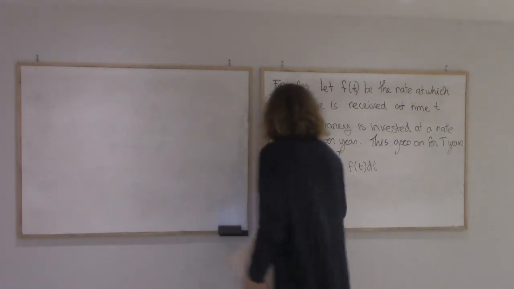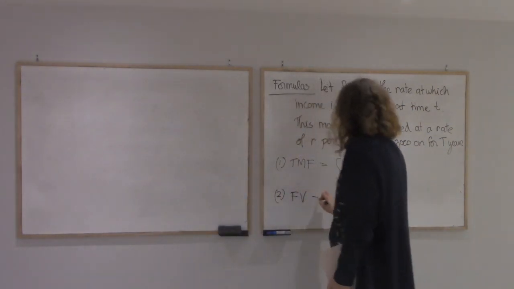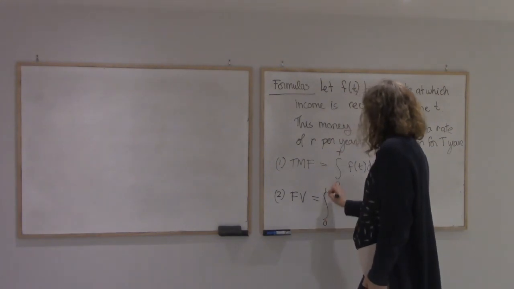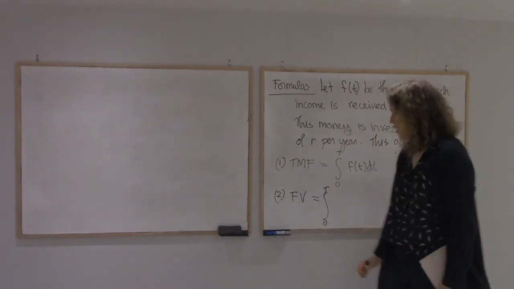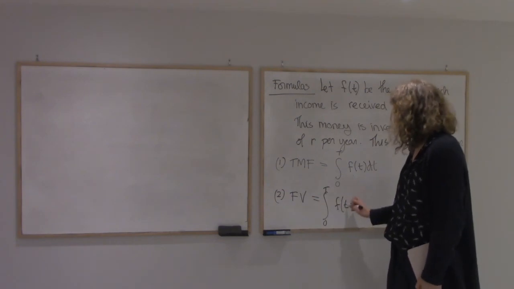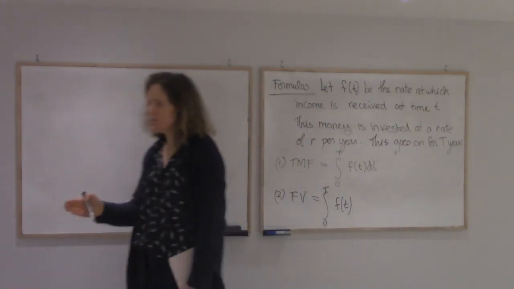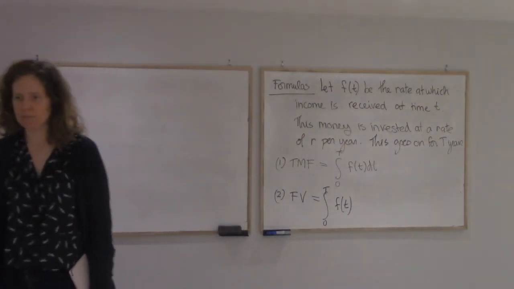All right, second. Now if I'm looking at the future value, I want to take an integral again, and I want to integrate f of t again. So that's the money I've received. But f of t is money at time t.